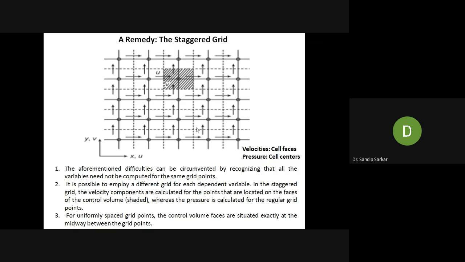That's why this is a remedy for the Navier-Stokes equation. In the primitive variable approach, one must use the staggered grid technique, used for solving the Navier-Stokes equation in one, two or three dimensions.